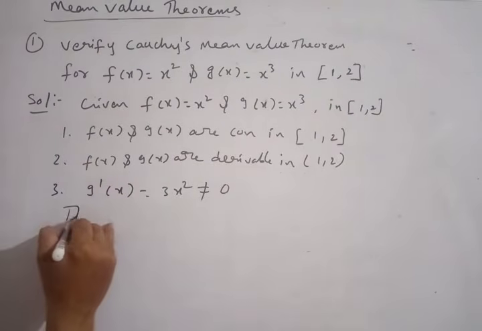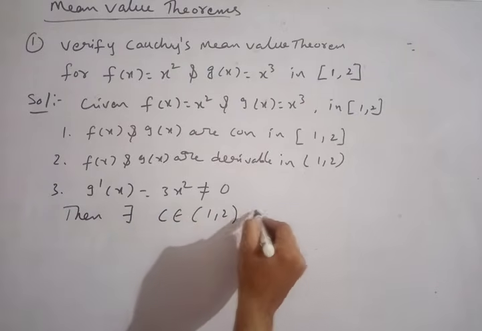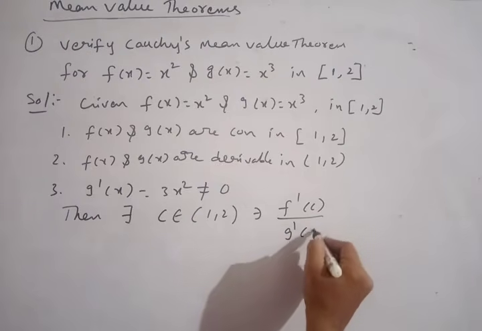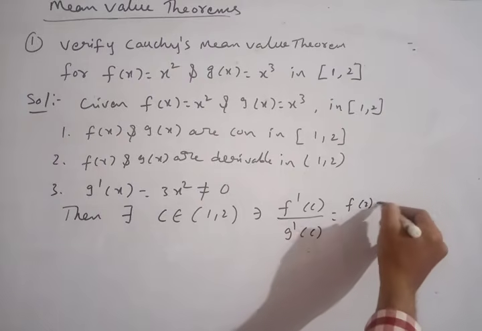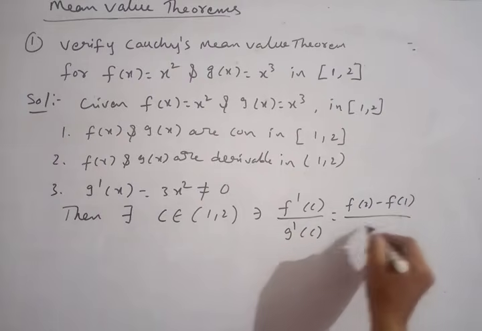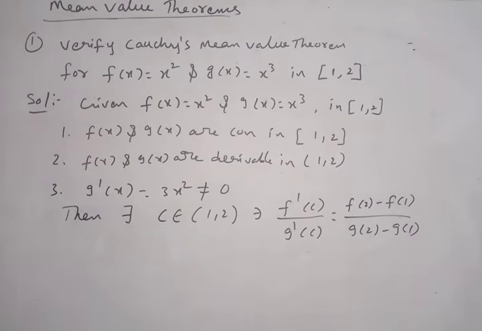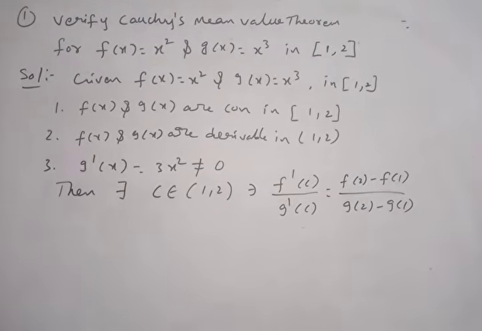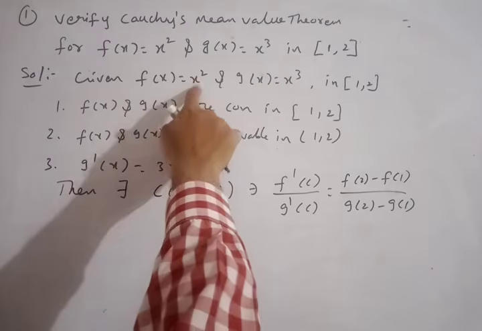So then there exists c belongs to 1, 2 such that f dash of c by g dash of c is equal to f of b minus f of a by g of b minus g of a, that is f of 2 minus f of 1 by g of 2 minus g of 1. Correct? So what is your f dash of c here? F of x is x square, f of c is c square.